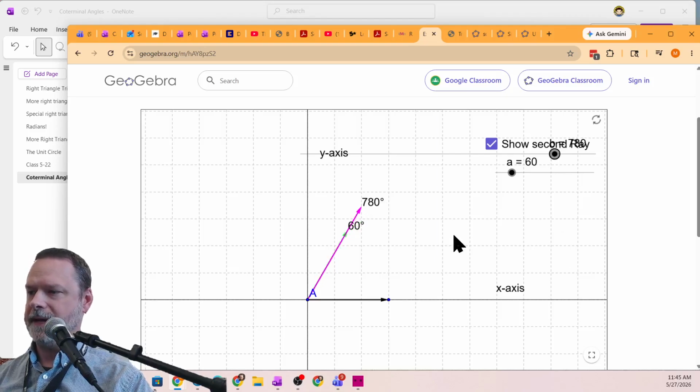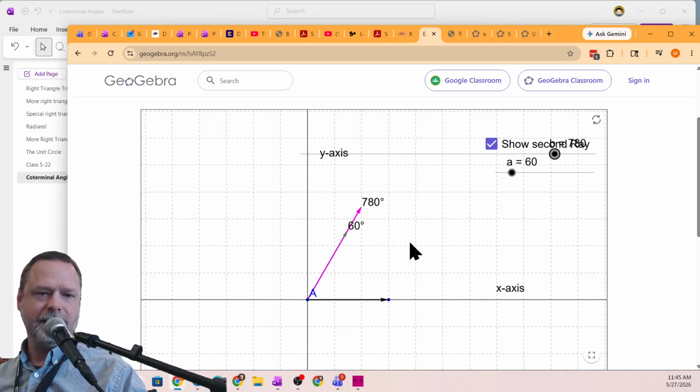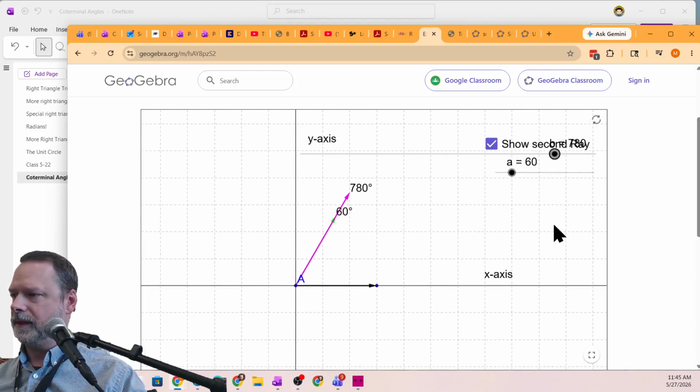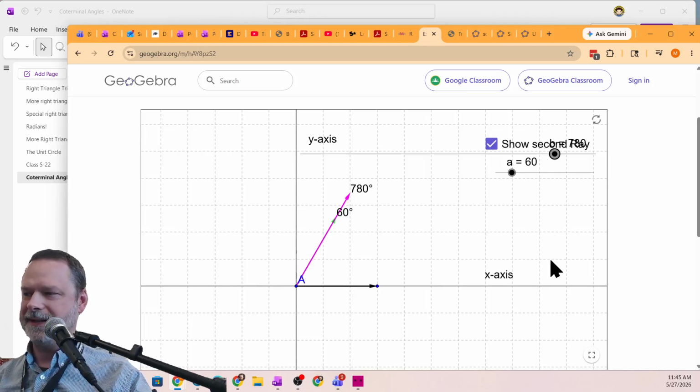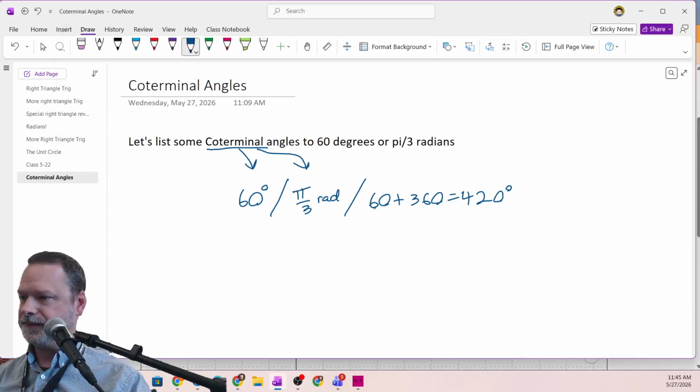Oh, I didn't know I could do that. That works. 780 degrees. Okay. Great. 780 degrees. So that's another coterminal angle. And how did I get that? 420 plus 360, right? 780 degrees, right? Easy enough.